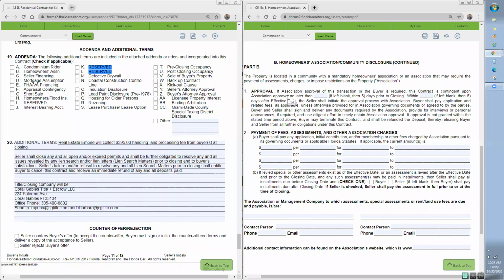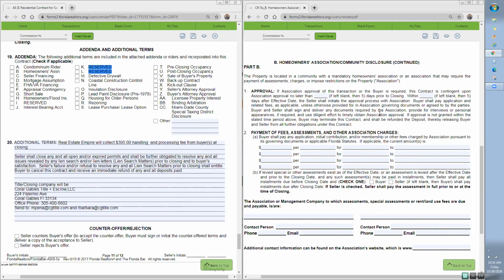What this doesn't have is first right of refusal, right? Because this is a homeowners association, and the only person that has right of refusal is the homeowner. So this one is saying the association approval of this transaction of the buyer is required. It already says we are required to get a homeowner's approval.